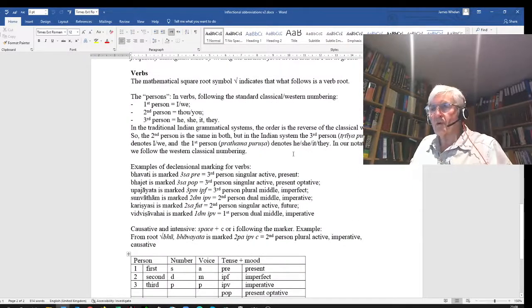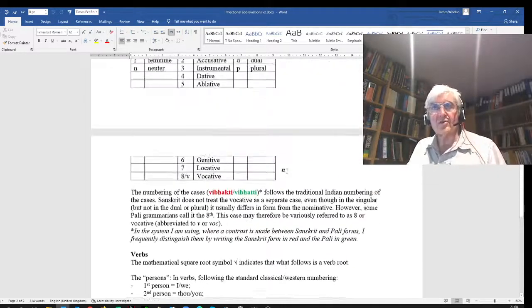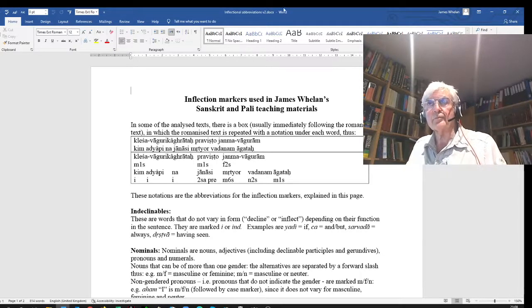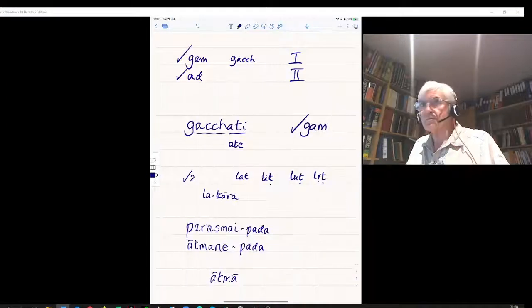So all of you who are working with my annotated texts should have a copy of this sheet that's found on my general resources sheet that you should all have. Right, I'll remove that now.